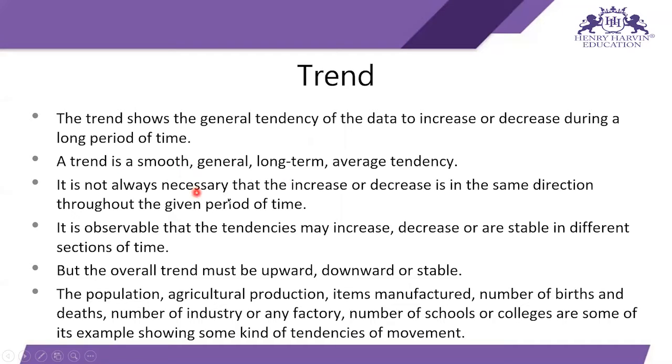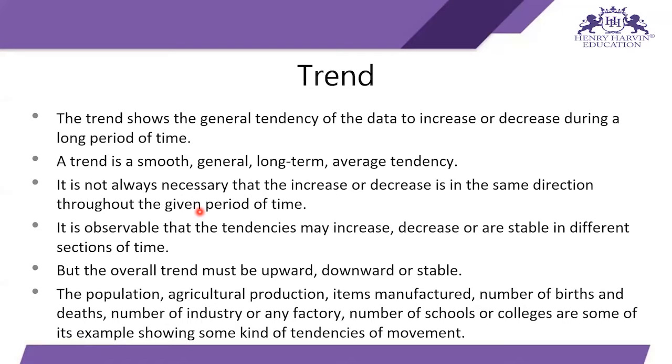It is not always necessary that the data increases or decreases in the same direction throughout the given period of time. So it is not necessary that if something is increasing, it is always increasing. Sometimes it goes low, and sometimes it goes higher, then low, then higher, and that's what trend is all about.